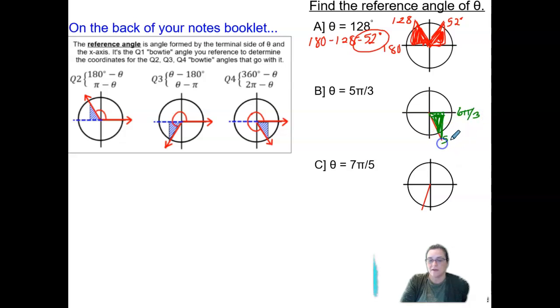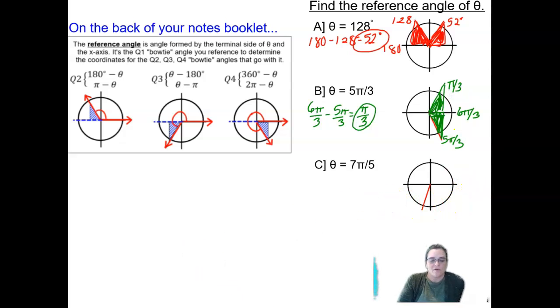And my terminal side is at 5 pi over 3. So when I subtract those values to find my reference angle, which is always a quadrant 1 angle, that gets me pi over 3 as the reference. So that would be my first quadrant angle that lives right here, pi over 3.